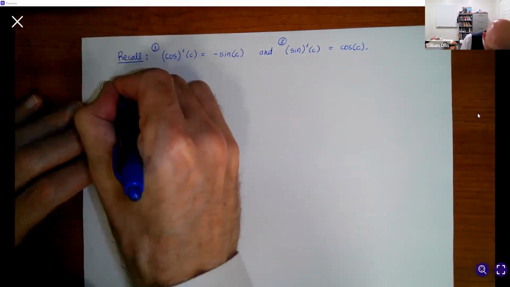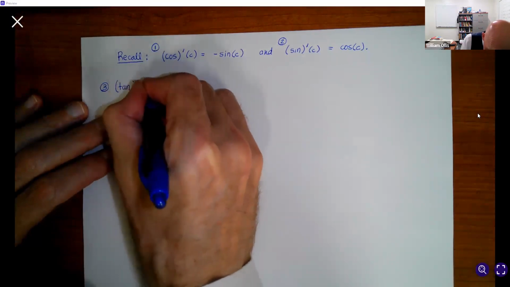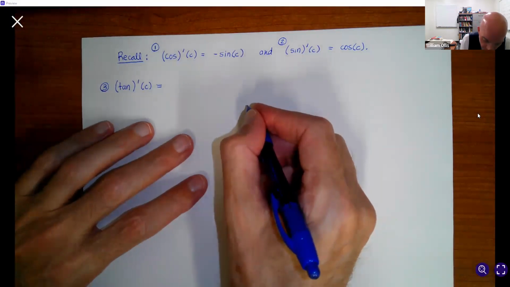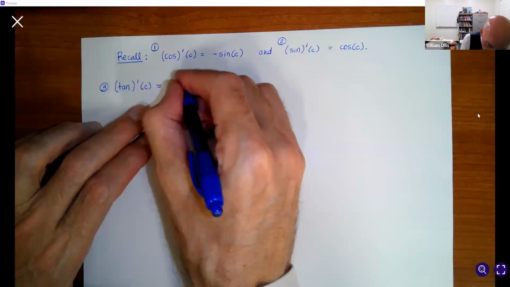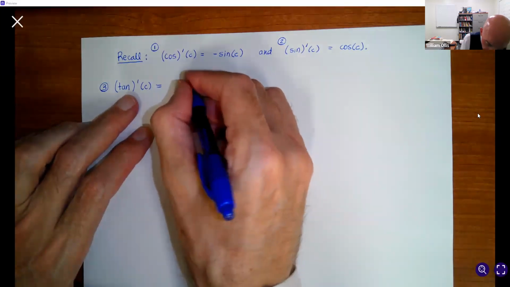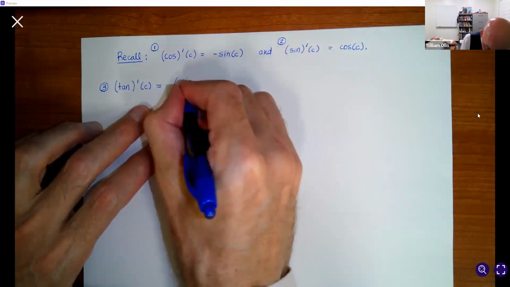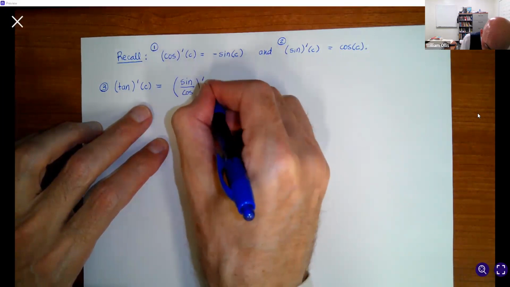So we'll have the derivative of the tangent at C. Kind of like we're doing continuity, we just use the basics. In this case, let's just treat this as a quotient. So this will be the derivative of sine over cosine evaluated at C.